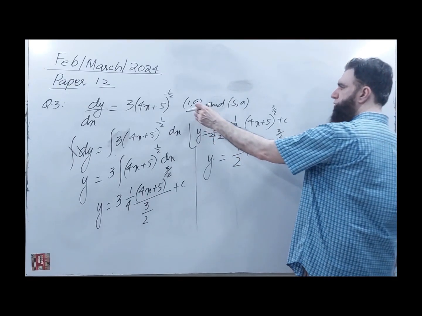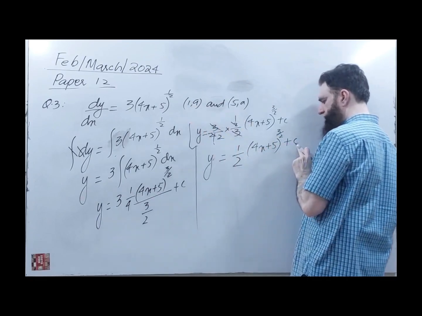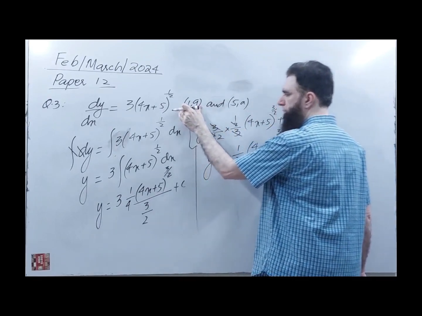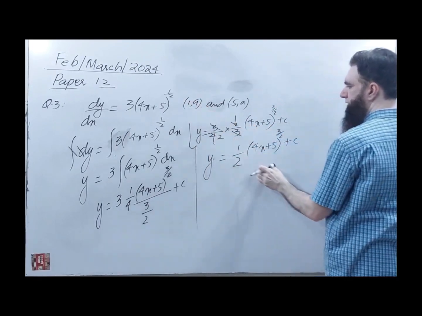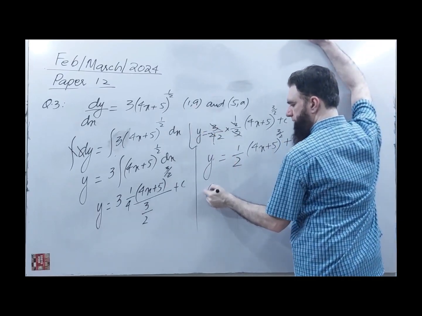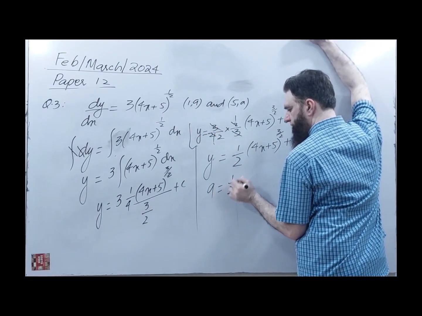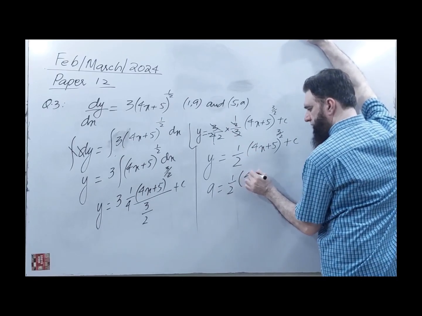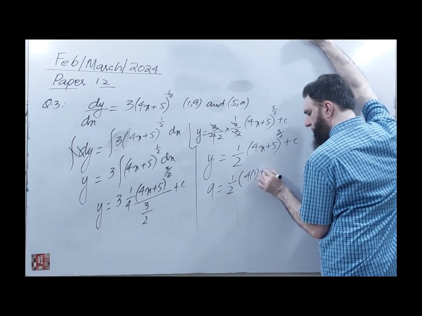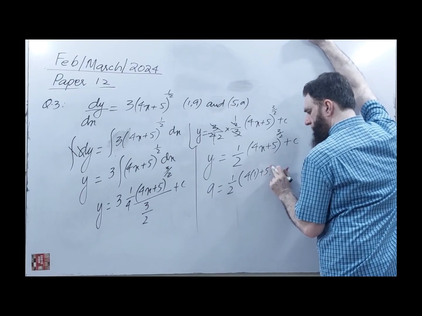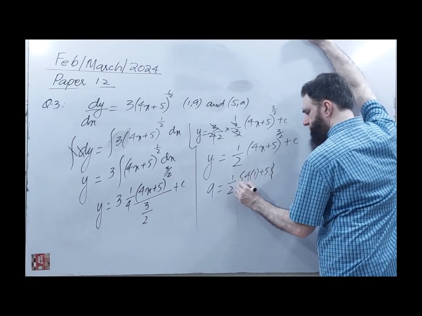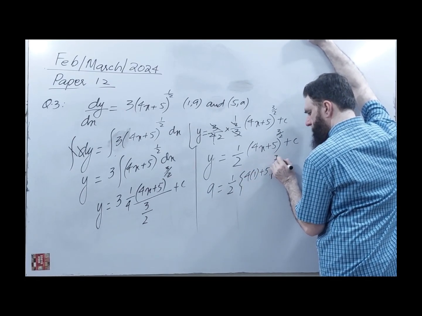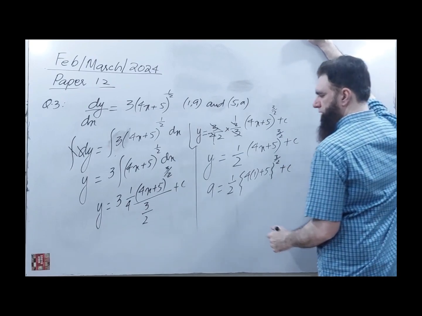Now we know, because these 2 points are given, first we need to find c, so we put these coordinates in this equation. So we put 9 in place of y, half, we put 1 in place of x, so this is 4 plus 5, and we use the brackets here, power 3 by 2 plus c.